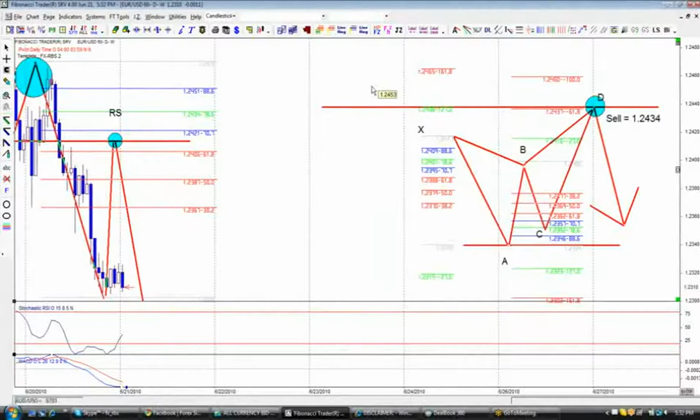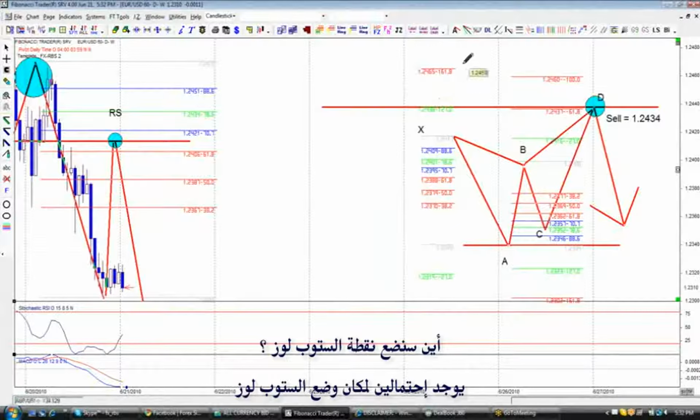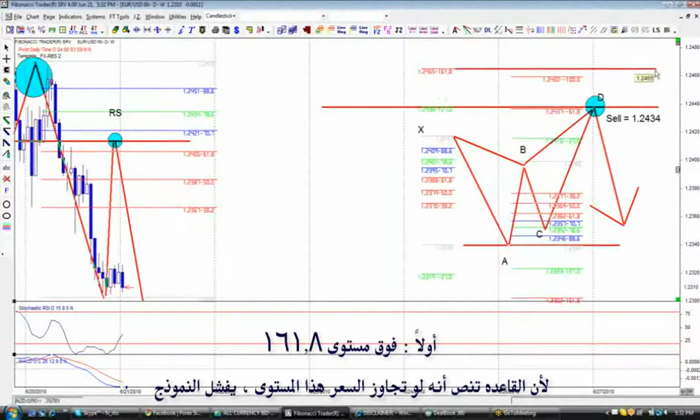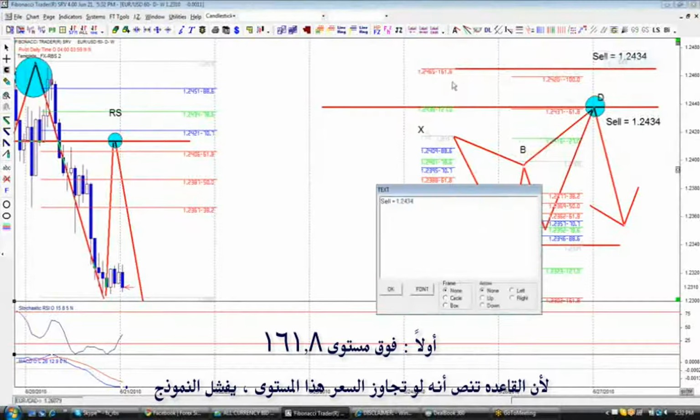Where do we place the stop? The stop can go in two places. Above the 1618, there is a rule that if price goes above 1618, the butterfly will fail.